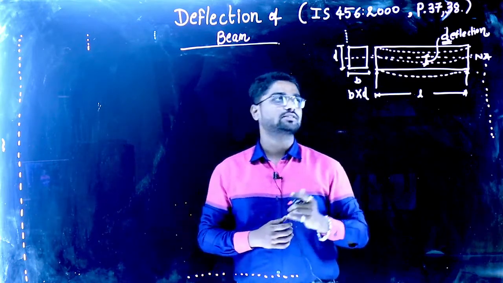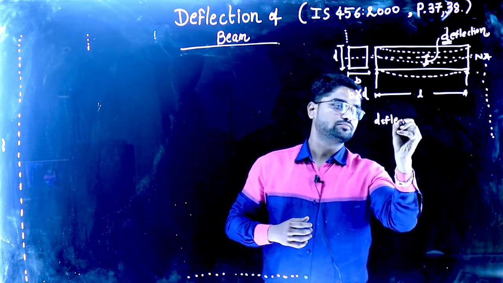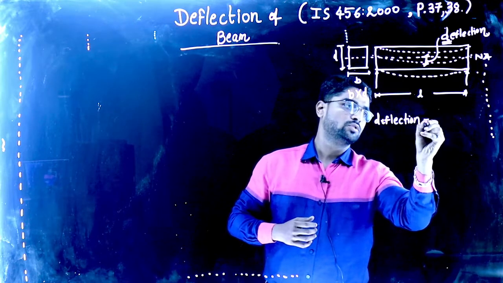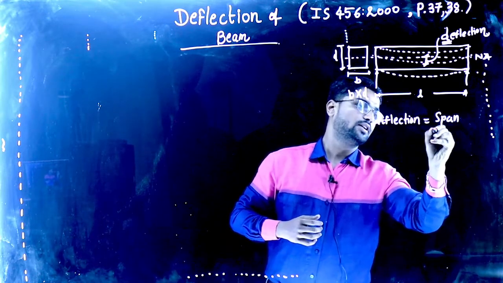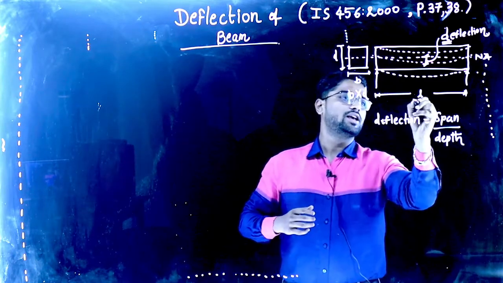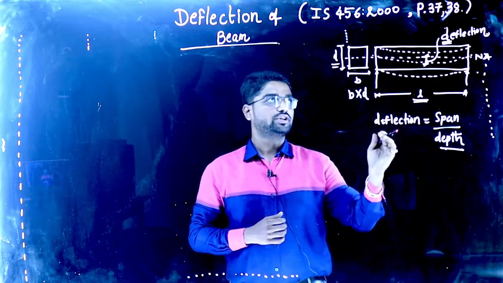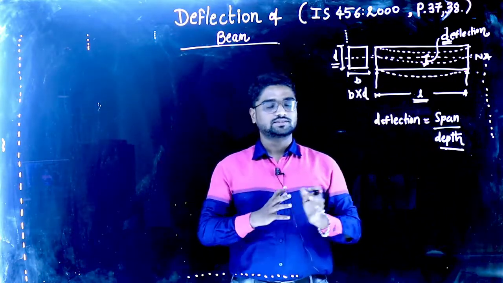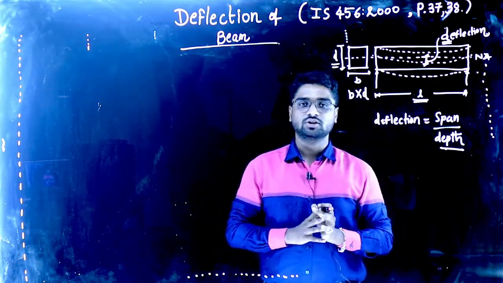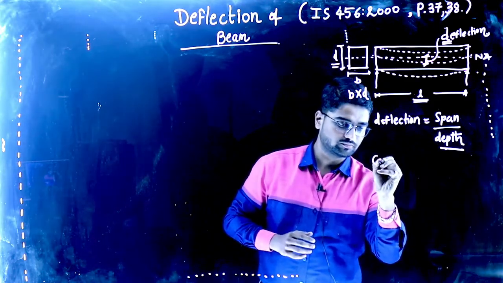First of all, let us start with that. Deflection can be calculated by span by depth ratio. L is span and D is depth of beam. In our IS 456, there are some criteria and constants given for the different types of beam. First of all, let us consider the cantilever beam.